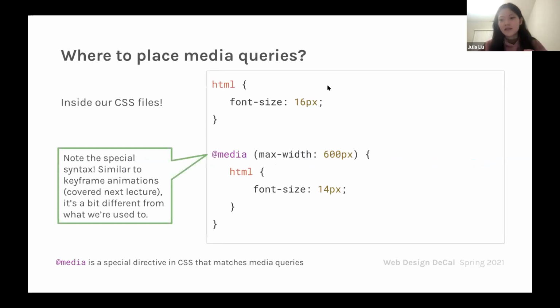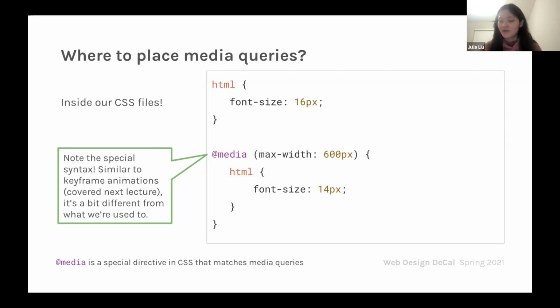In terms of CSS media queries, obviously it's placed in your CSS files, and this is where you'll specify the max width of the screen size that you're applying the style to, as well as the style itself. Notice that there's a special kind of syntax used here, and it's very similar to keyframe animations, which we haven't covered yet, but we will cover in next week's lecture.